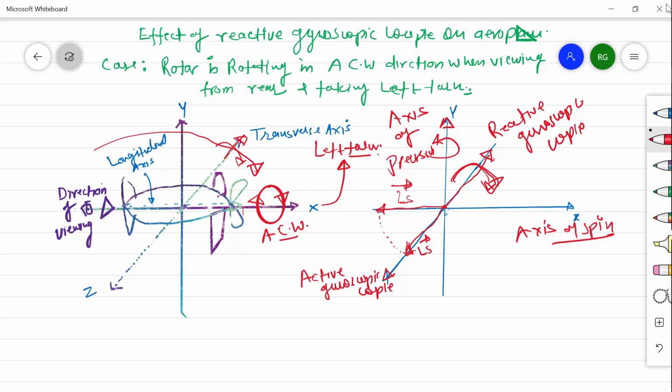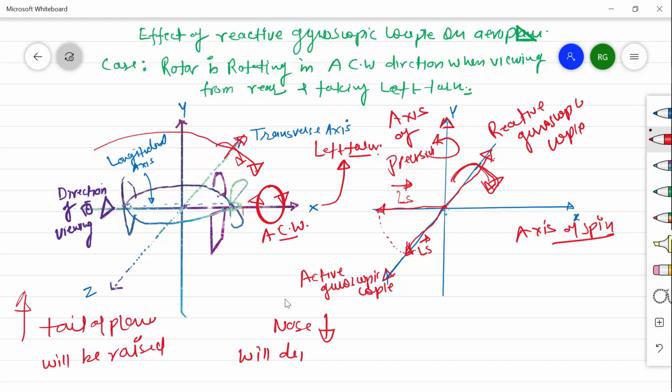So we can say the tail of the plane will be raised and the nose will be dipped. So your answer would be: the effect on the plane in this situation is that the tail of the plane would be raised and the nose of the plane would be dipped.